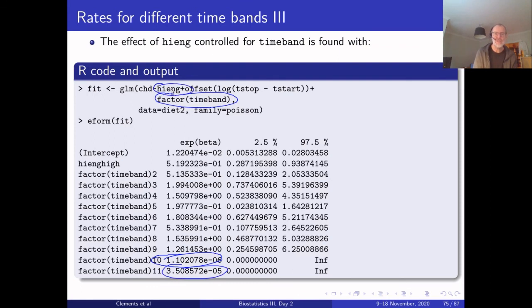Conversely, what is high energy after adjusting for time band? And strangely enough, that really doesn't change very much at all. So after adjusting for time band in these fairly small bands, we still find that the effect of high energy diet is not confounded with time.